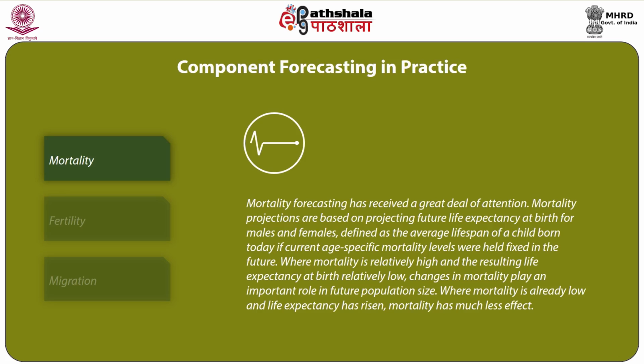Mortality projections are based on projecting future life expectancy at birth for males and females, defined as the average lifespan of a child born today if current age-specific mortality levels were held fixed in the future. Where mortality is relatively high and the resulting life expectancy at birth relatively low, changes in mortality play an important role in future population size. Where mortality is already low and life expectancy has risen, mortality has much less effect.